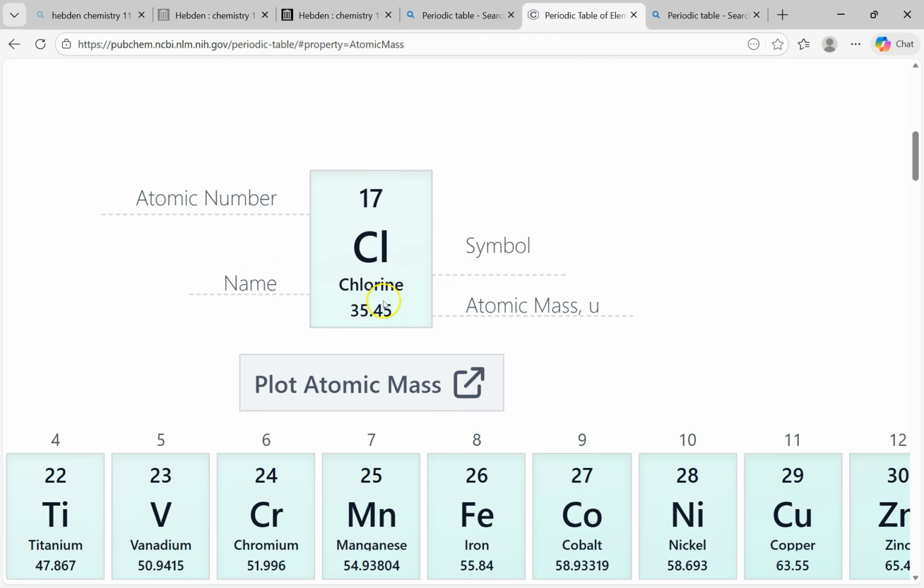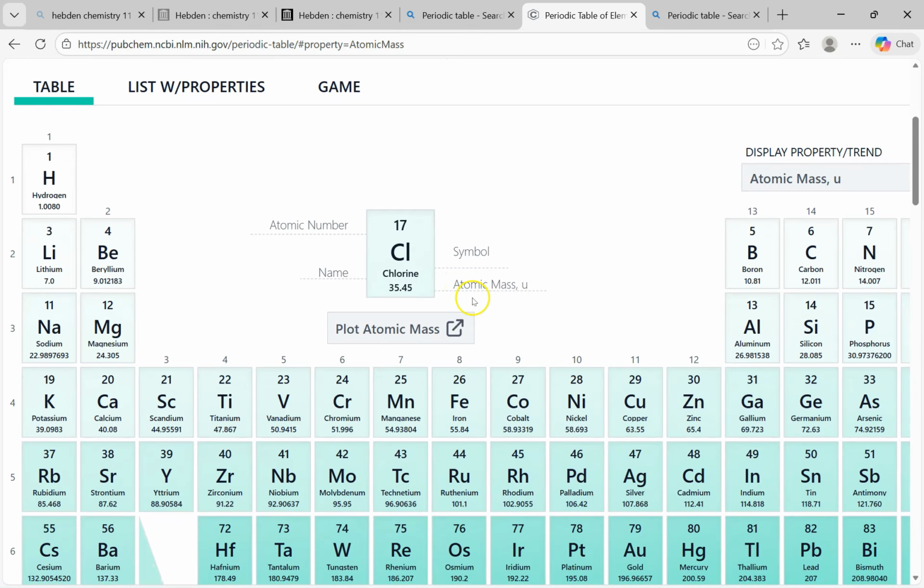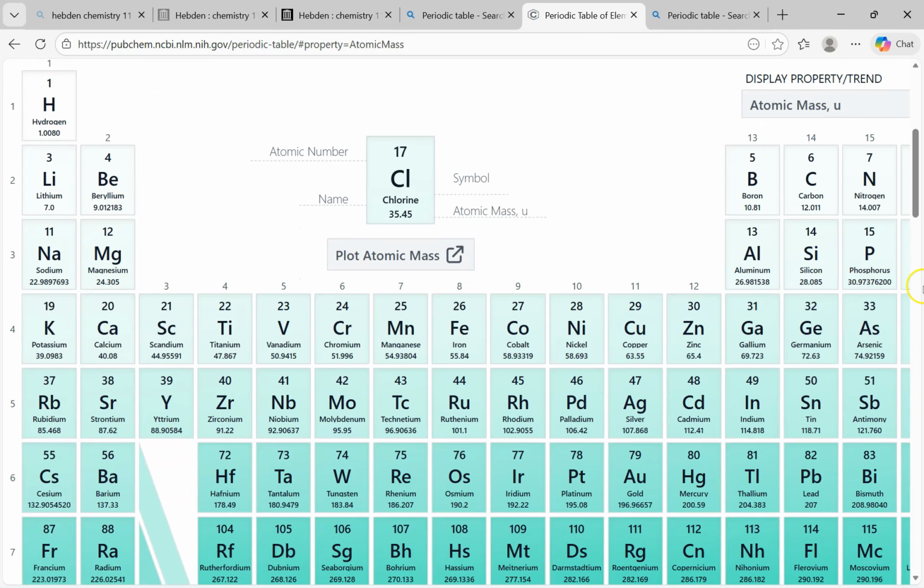Atomic number is on top, but the atomic mass is this number at the bottom, which is the biggest number, 35.45, and that is the unit, right? That's what we're going to use for this one. And of course, that's just an example, but we want carbon, oxygen, and hydrogen.